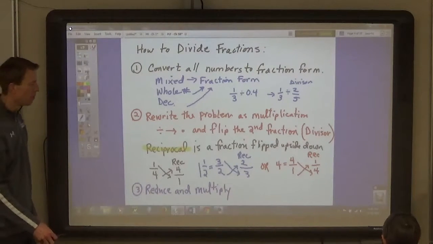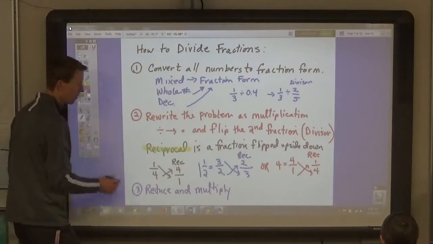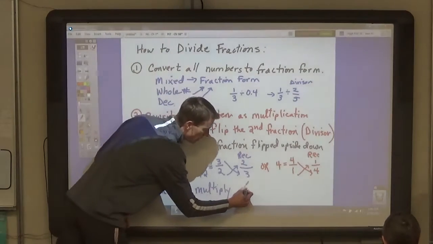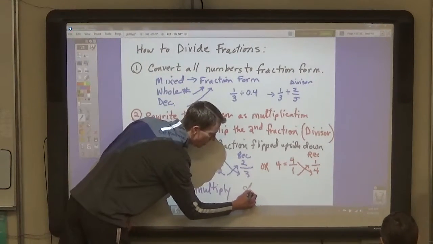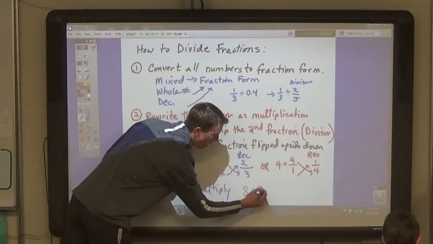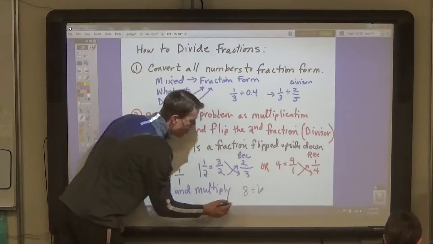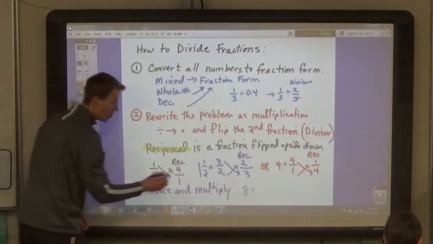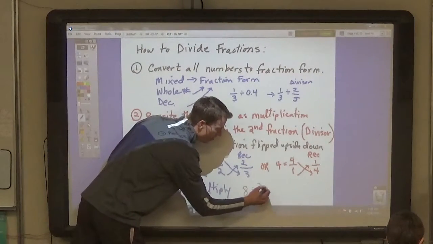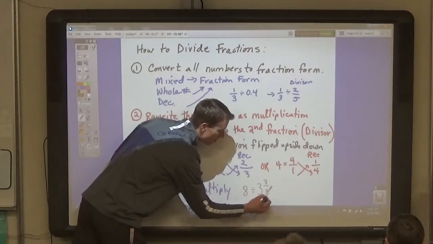And then multiply. So if we have one like this, 8 divided by 3 and 3/8, I'll use the same numbers, 3 and 3/8, okay?